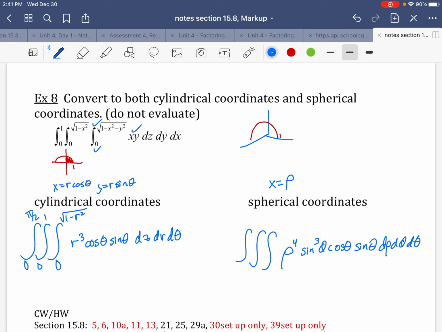Over in spherical, my rho is staying from 0 to 1, because that's the sphere I'm in. For the top half, phi goes from 0 at the top to halfway, pi over 2. And then I am staying in the first octant, theta 0 to pi over 2 again. And there you have it.